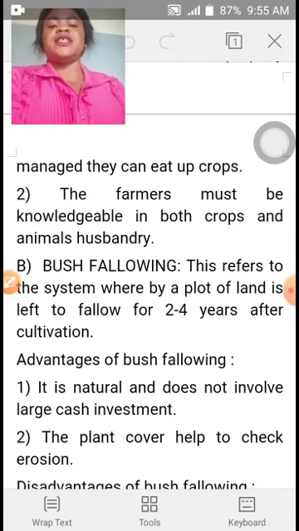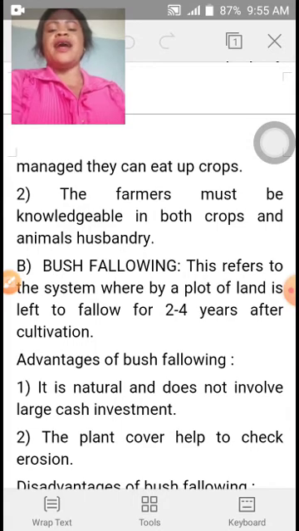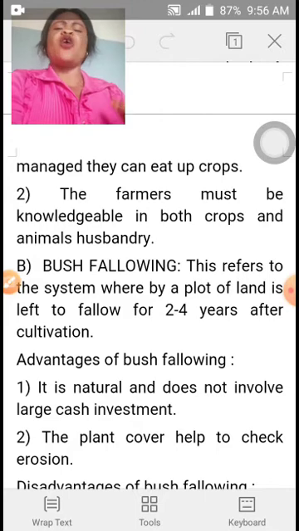This refers to the system whereby a plot of land is left to fallow for 2 to 4 years after cultivation.